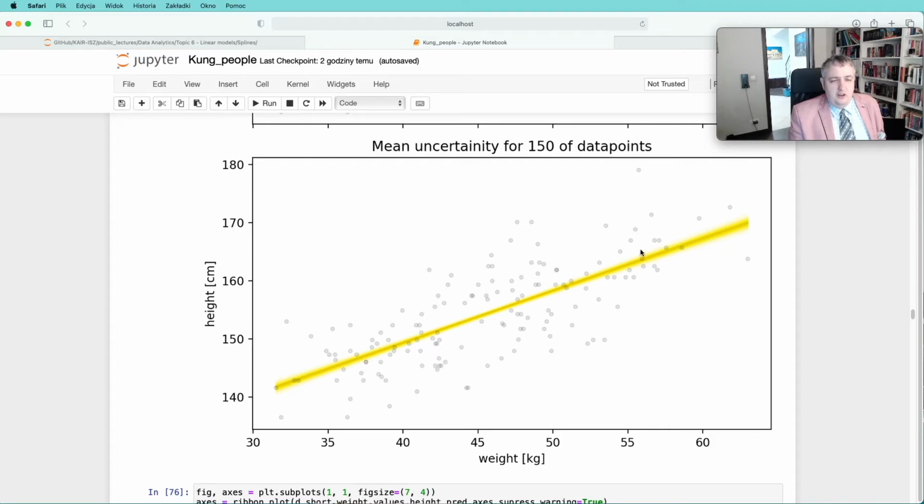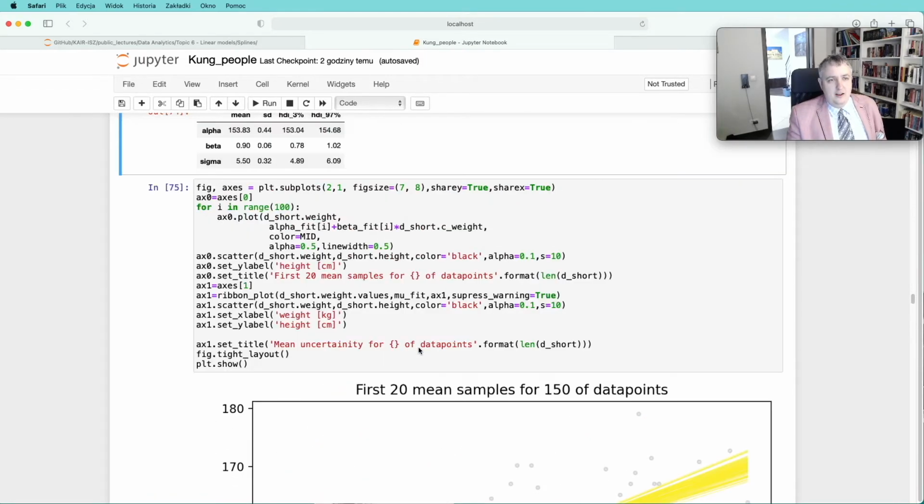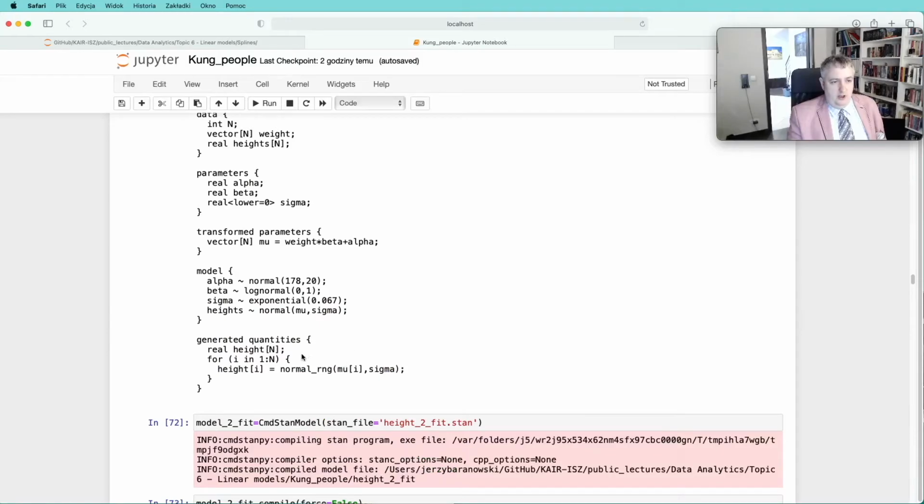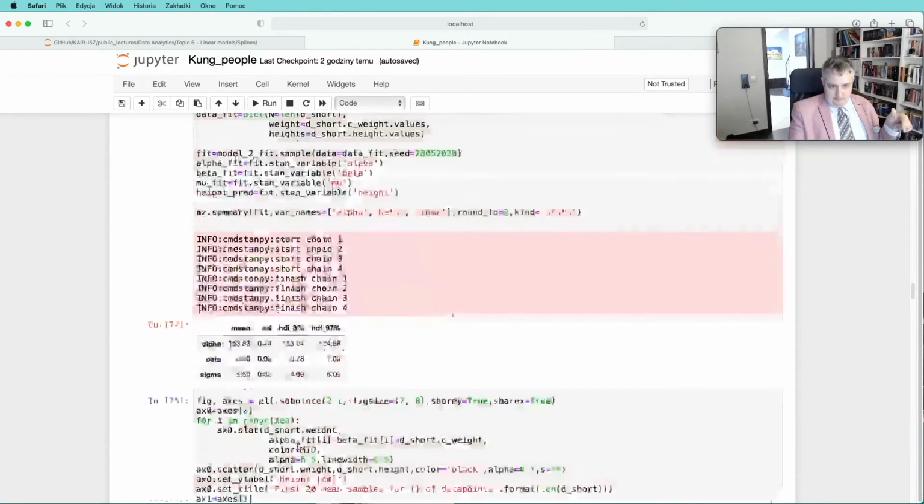So this is the distribution of the mean of height as it depends on weight. So remember, this is not an actual prediction, this is the parameter of the distribution. This is the distribution of mu as a function of weight.